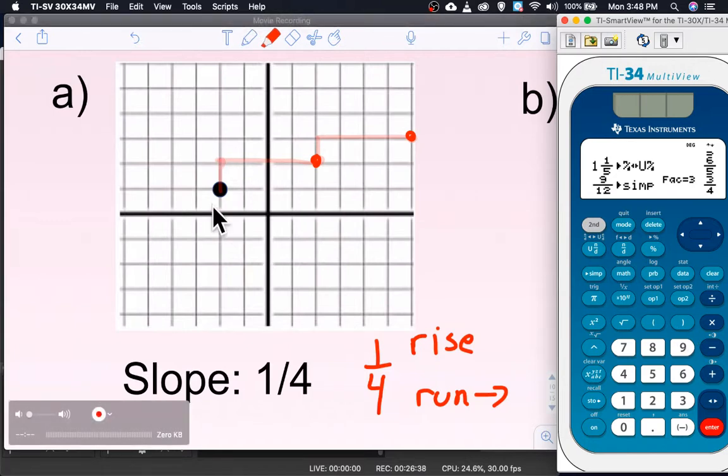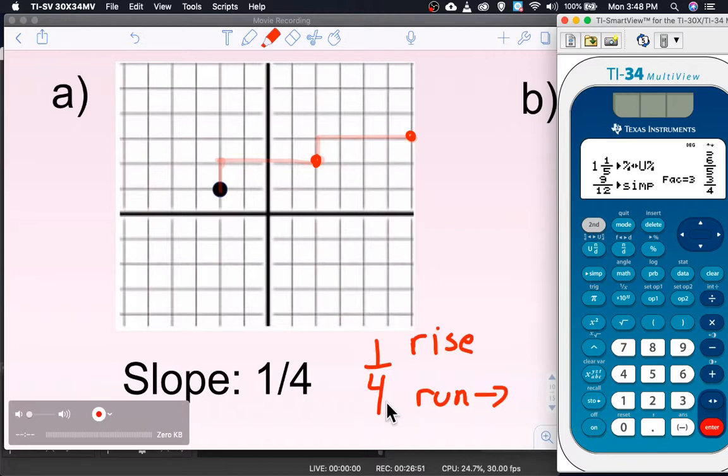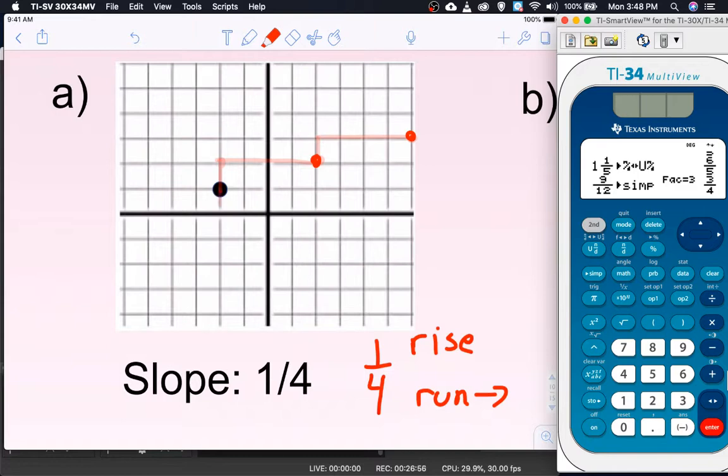And actually, I can even extend this way. I told you that run is always to the right. Well, what happens if you run out of space? How do I make my line go down here? Well, you kind of do the opposite of what the line says. Instead of going up 1 and to the right 4, you go down 1 and to the left 4. You'll see. Down 1, 1, 2, 3, 4, right here.